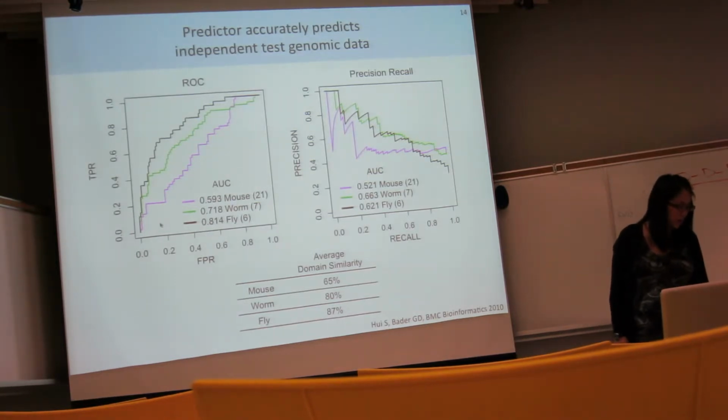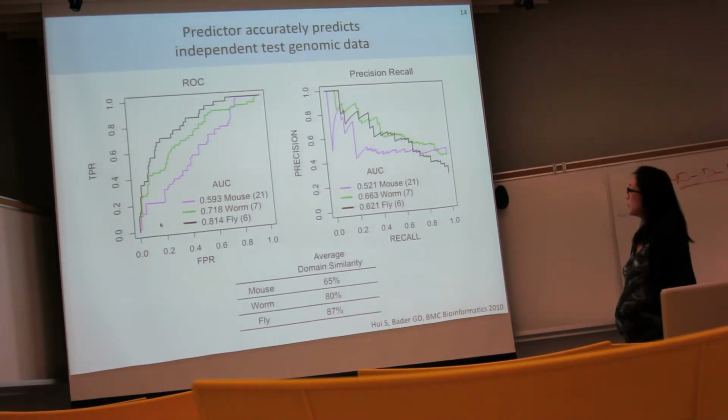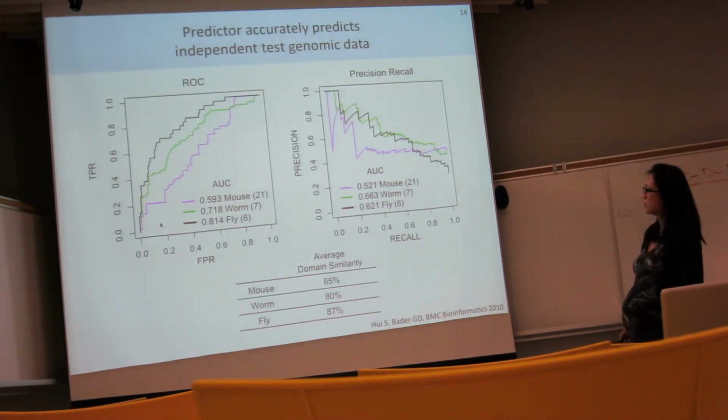Okay, so blind testing was also performed using genomic interactions from mouse, worm, and fly protein microarray experiments. And for worm and fly, the performance is pretty good. However, for the mouse test, the performance is much lower.